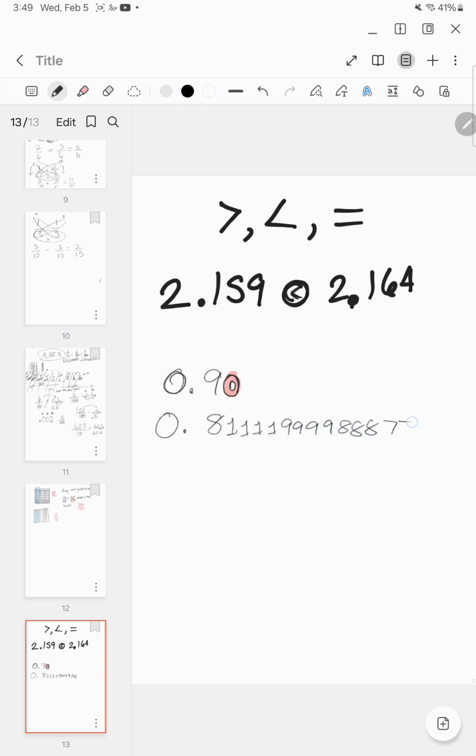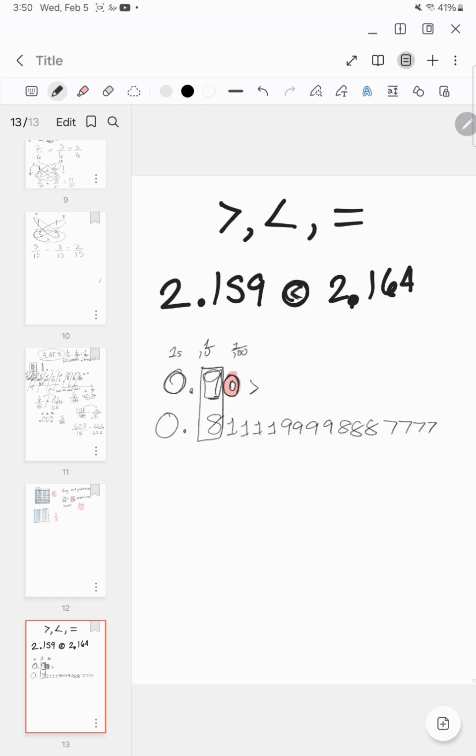I can just keep going forever and ever and ever, and nothing will make this greater. The reason why is because this is the only place that matters. The ones place is the same. It both has a 0, but the tenths place, that's what matters, because in the hundredths place, I got a 0 here and a 1. I don't even have to worry about it, because 9 is greater than 8. So the answer, this is greater than the 8.